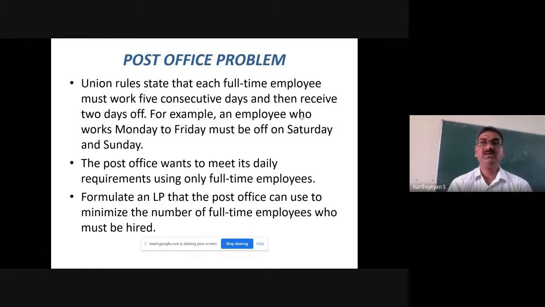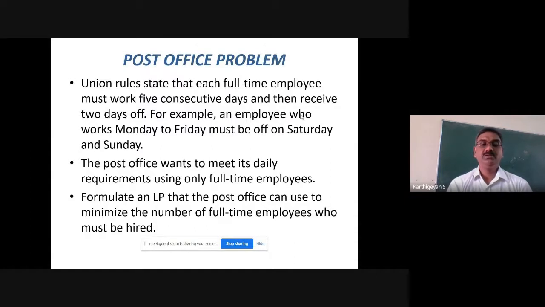Suppose he starts working on Tuesday, then he has to work Tuesday to Saturday, and Sunday and Monday he may take leave. So he must work 5 consecutive days and then receive 2 days off. For example, an employee who works Monday to Friday must be off on Saturday and Sunday. Likewise, if he starts on Tuesday, he works Tuesday to Saturday, like that.